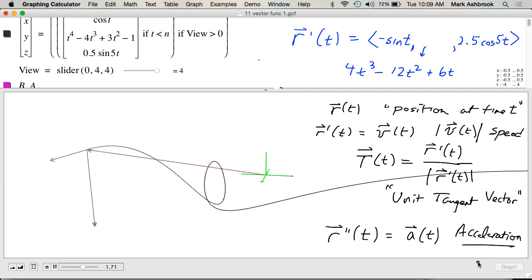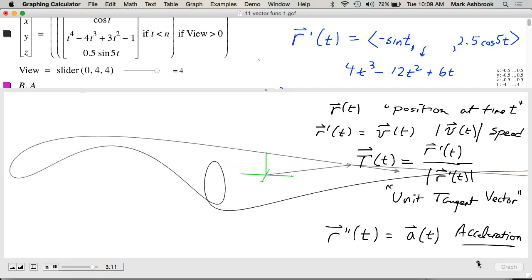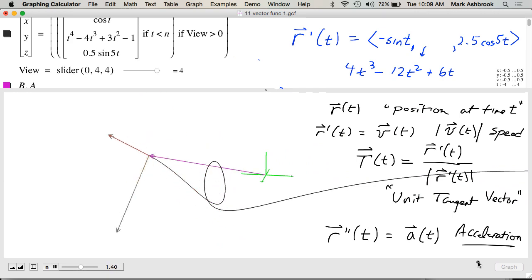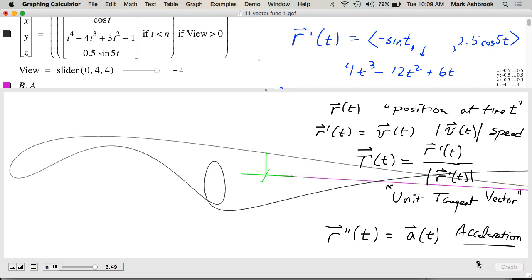If you're riding a roller coaster, it looks like the g-force is the direction of the g's you'd be pulling. If you went in a loop, it would force you back into your seat. Other thoughts, Mark? It points to the inside of the curve. Not always.